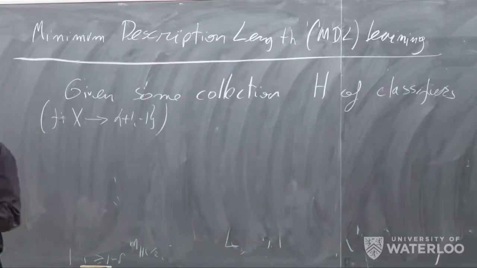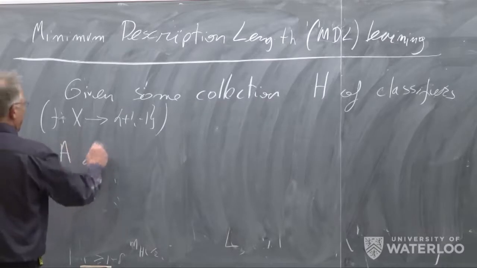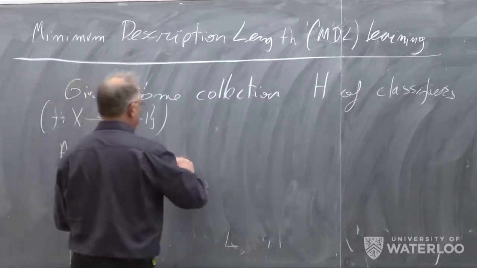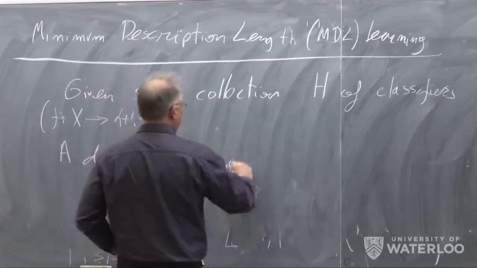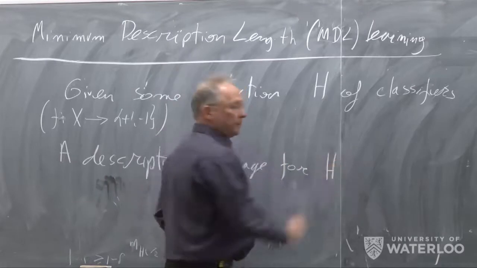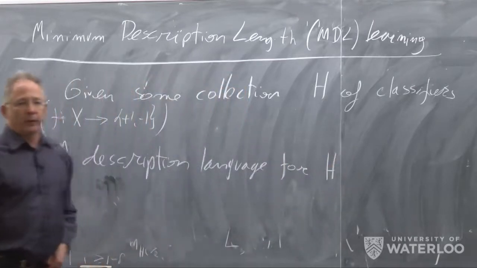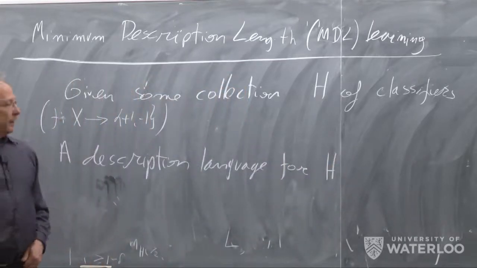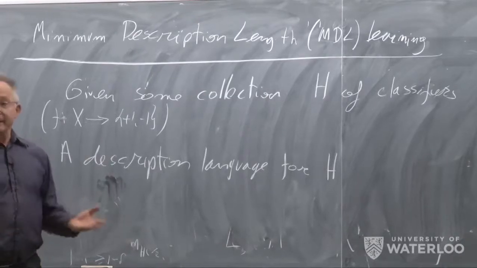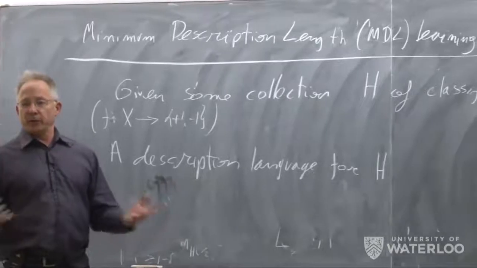I want to describe them. So a description language for H. What is a description language for H? I want to pick a concrete way of expressing every such h.